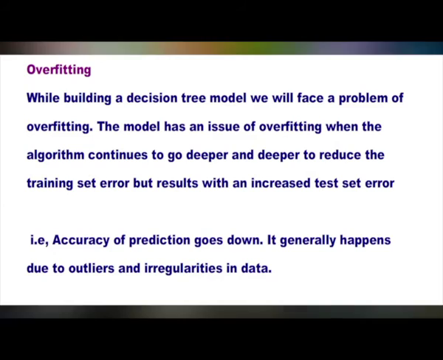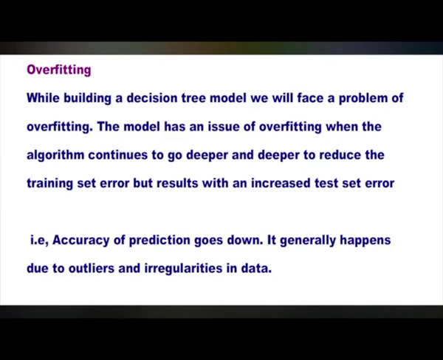The only problem with decision trees is overfitting. While building a decision tree model, we will face a problem of overfitting. The model has an issue of overfitting when the algorithm continues to go deeper and deeper to reduce the training set error, but results in an increased test set error.